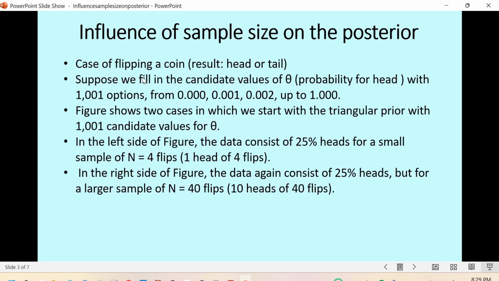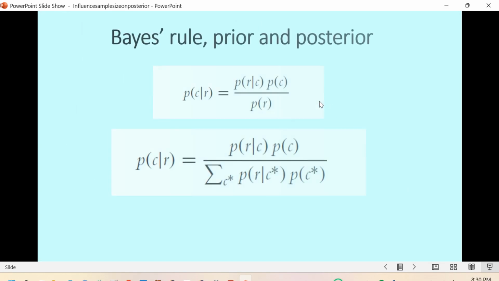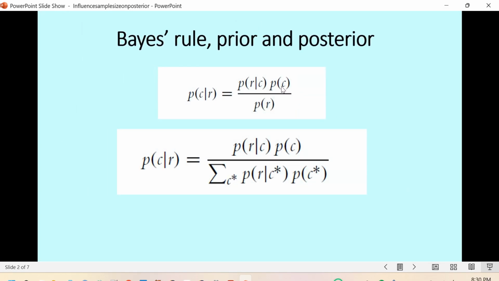So for example, now we will test with the case of flipping a coin with head and tail results. Say that we are interested in the candidate values of theta, which is the constant probability for head in each trial. And we will think of available values for this theta like the C in the Bayes formula, right?